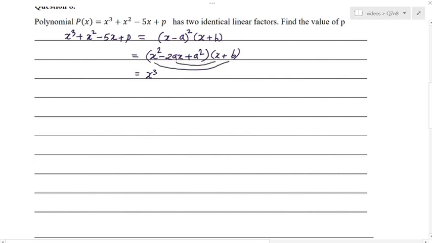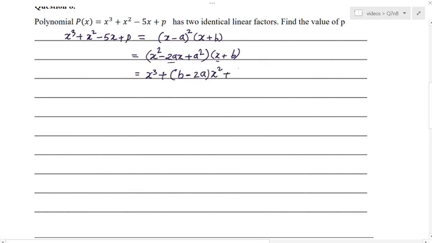So the x squared term is b, and then this and that give minus 2a, and that's my x squared term.